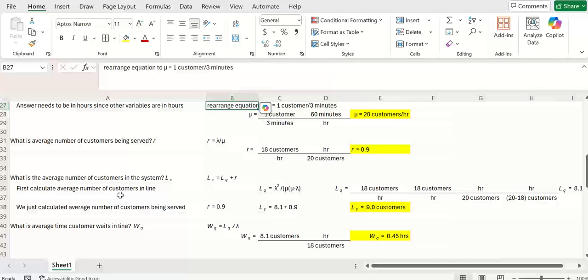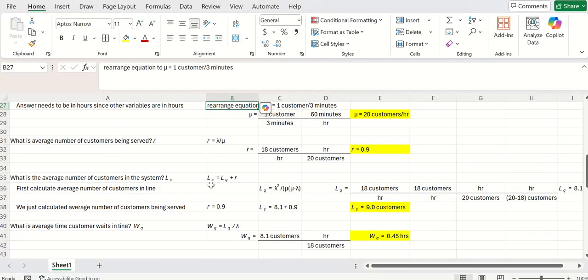Average number of customers in the system. Again, I think that the equations can often throw you off. The equation says L sub S, and the sub S means what's going on inside the system.